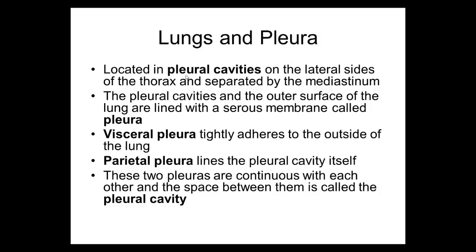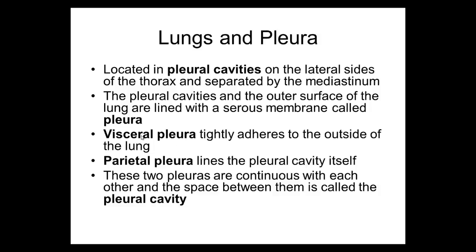we will have between the two layers of the pleura a potential space known as the pleural cavity, and the pleura itself has a layer which is very tightly adherent to the lung. You can't peel it off, and we call that the visceral. Anytime we have something close to the organ, we call it visceral.